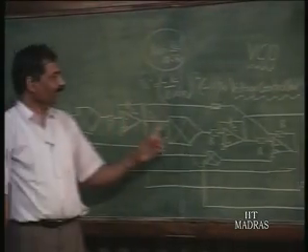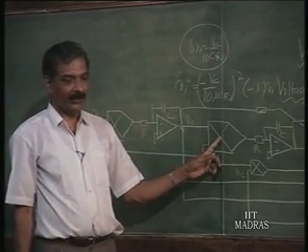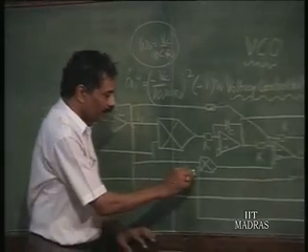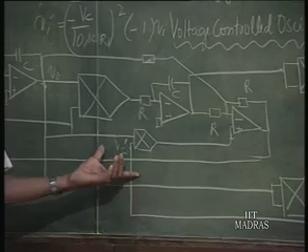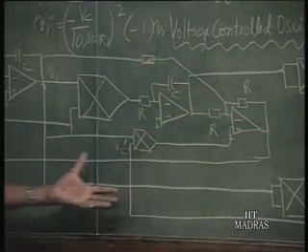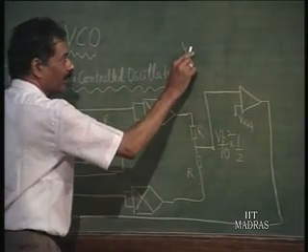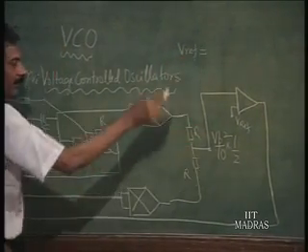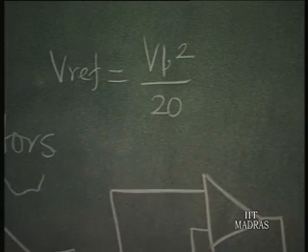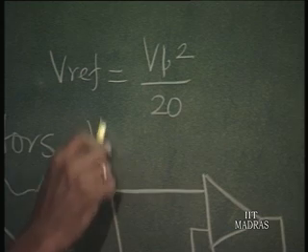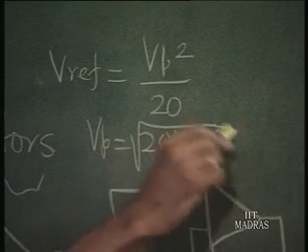These two multipliers are used in order to make the frequency become directly proportional to the control voltage. This, let us say Vc dash, is primarily for amplitude control. So, this is something that will control the amplitude. Amplitude therefore, is going to be V reference when that becomes equal to Vp squared divided by 20, right. So, Vp is 20 into V reference under the root.